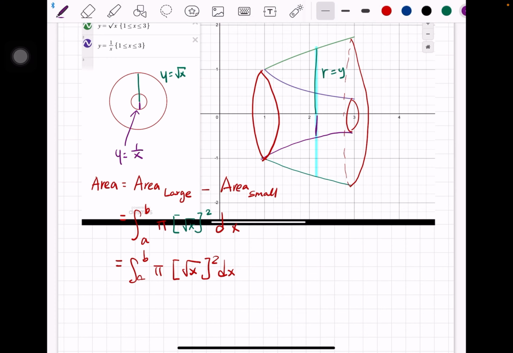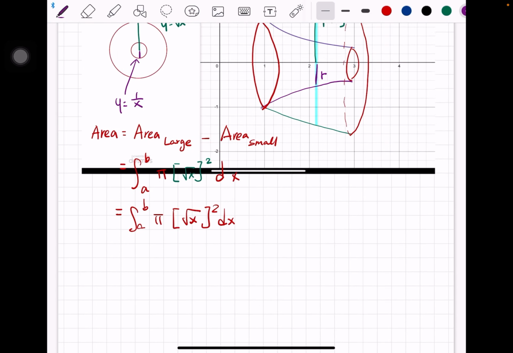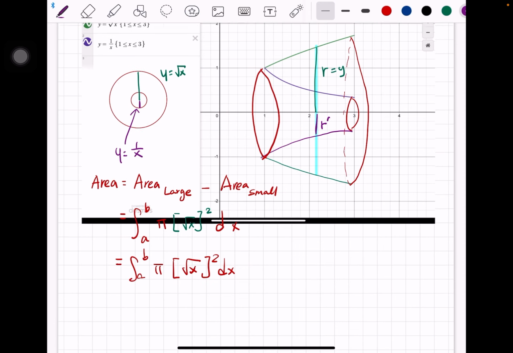And then the smaller radius, which is the inner circle, is the height for the purple graph, which is going to be 1 over x.